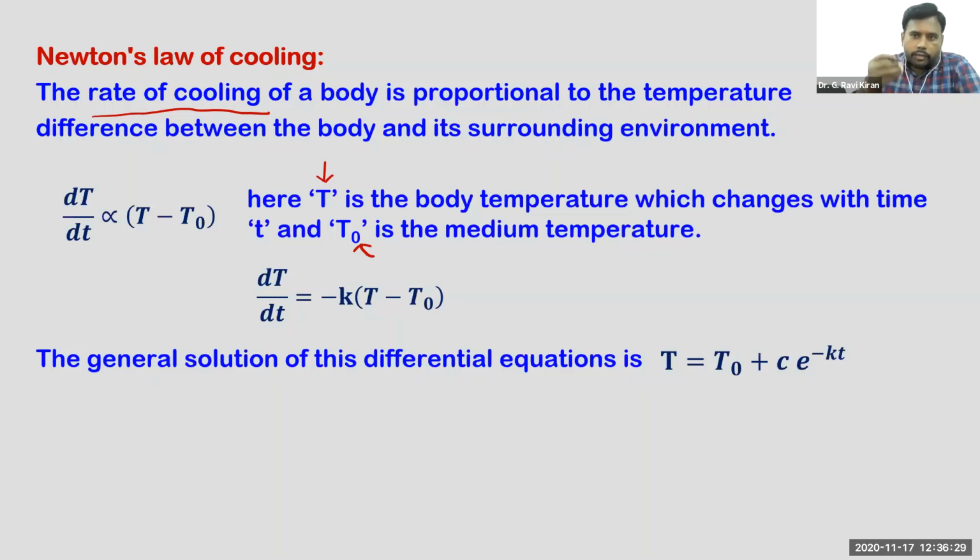That rate of change of temperature will be denoted by dT/dt, right? Always rate of change will be represented by a derivative, as you know. So when I write dT/dt, capital T represents temperature, so this derivative represents the rate of change of temperature with respect to time.